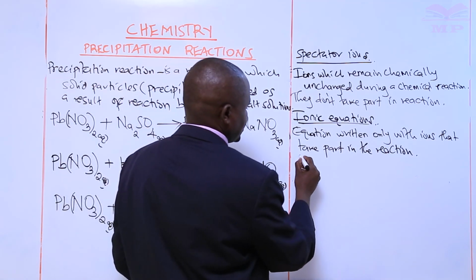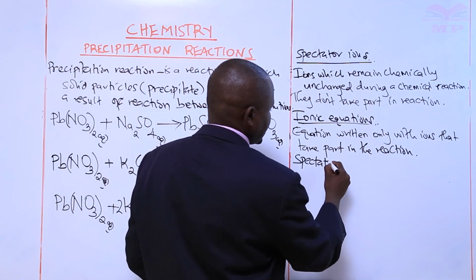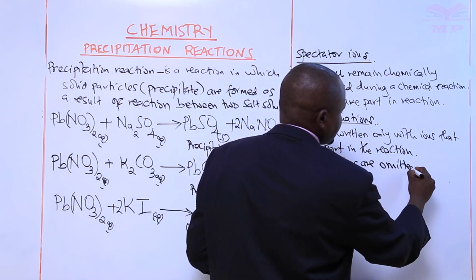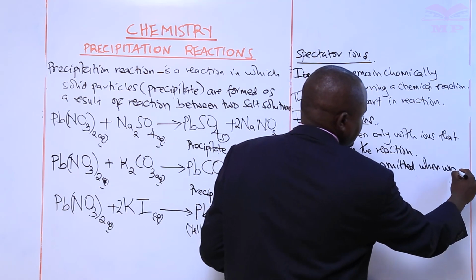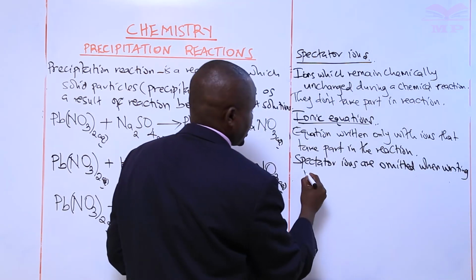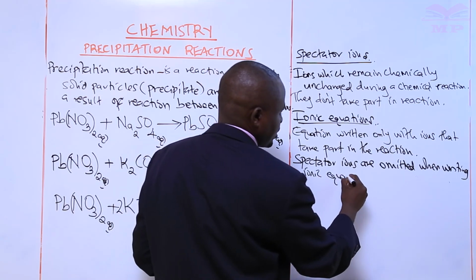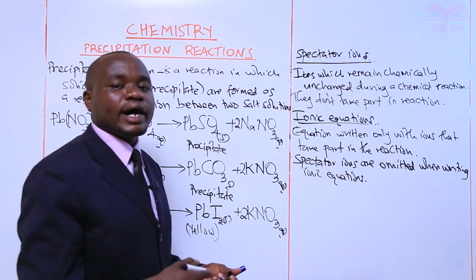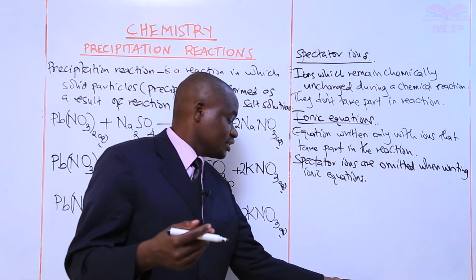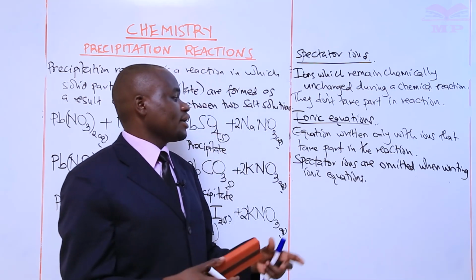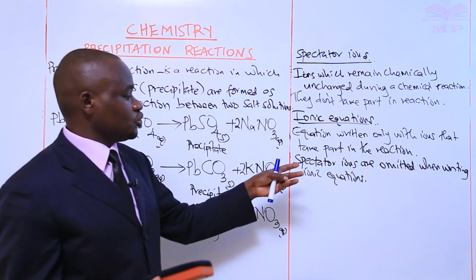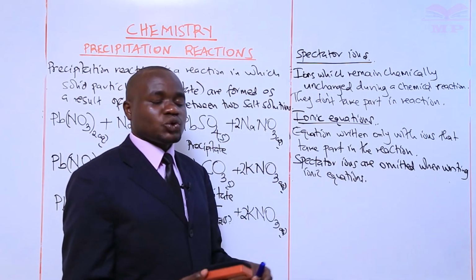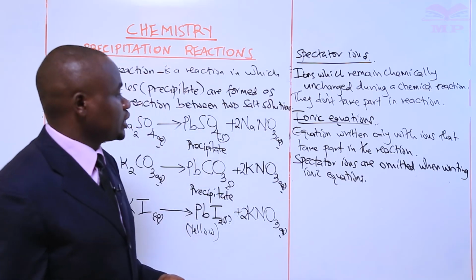So spectator ions are omitted when writing ionic equations. So remember, we have said from the word ionic, we are just writing equations using ions only. And the ions we are writing are the ones that are taking part in the reaction. Those which don't take part in the reaction, we are calling them spectator ions, and therefore those ones are omitted when writing ionic equations.